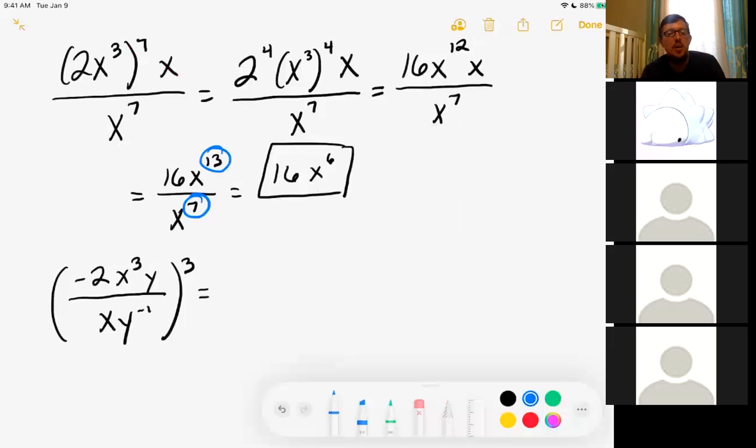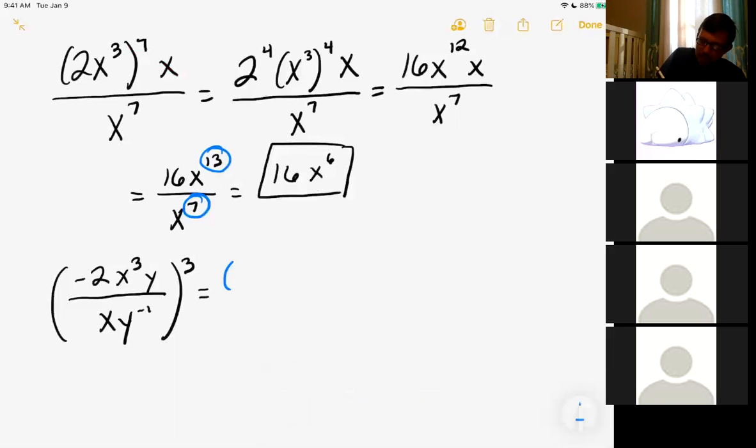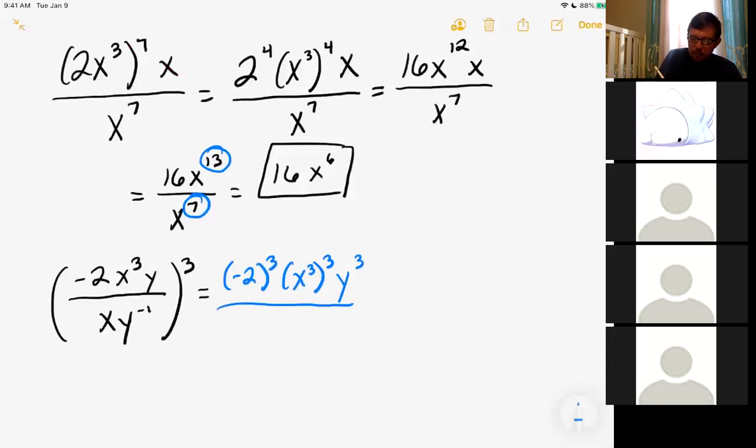Yes, it is. So the cubed on the outside has to go to every single thing in the parentheses, which is the whole problem. The whole problem is in parentheses except for that cube. So every single thing gets cubed. So the -2 gets cubed, the x cubed gets cubed, and the y gets cubed up on the top. And on the bottom, the x gets cubed, and the y to the -1st power gets cubed.